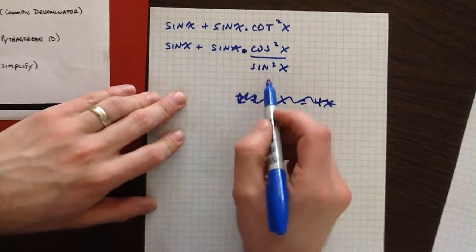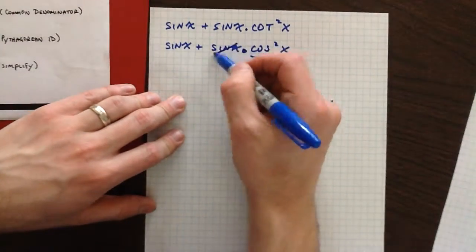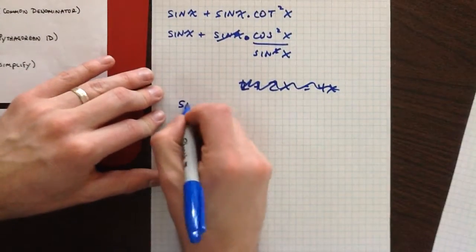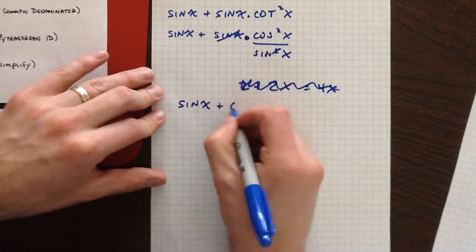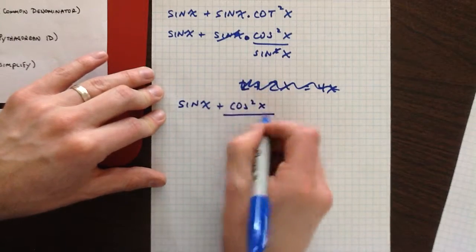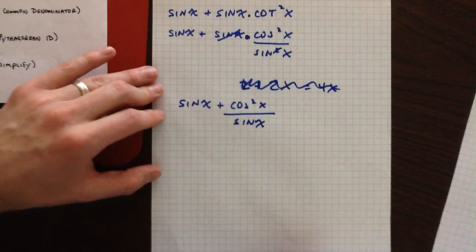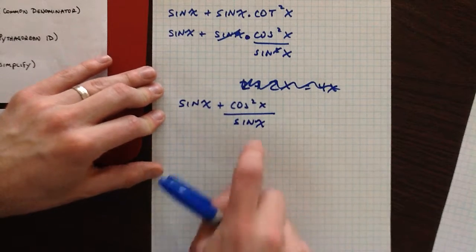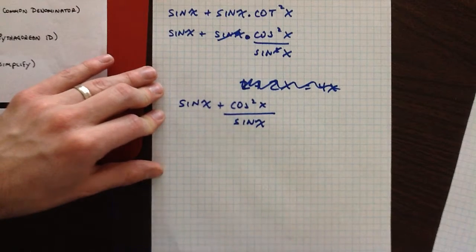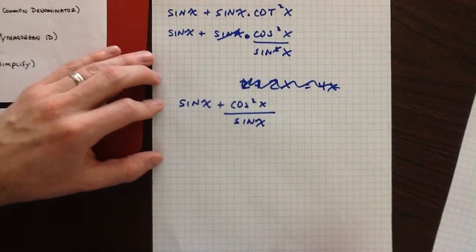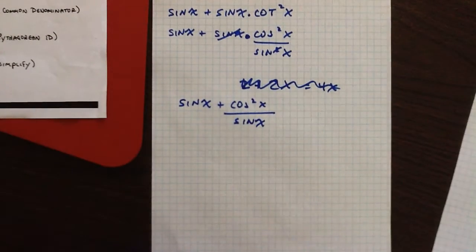We've got sine divided by sine. What happens here? That sine cancels with that exponent. We've got sine plus cosine squared over sine. Oh, there's a fraction there. Maybe it might be a good idea to combine those two. Common denominators. This is going to work your creativity, your algebra.